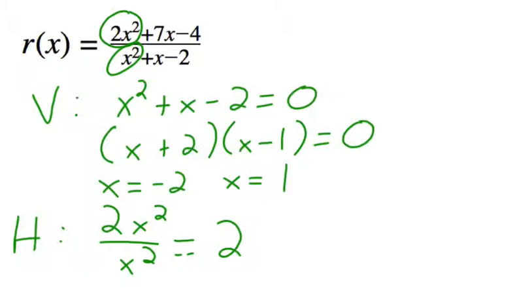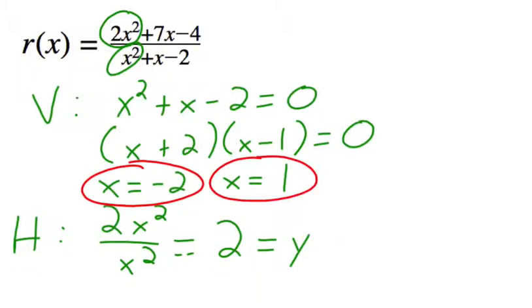Anyway, so we cancel the x squareds there, and what I get is 2. That is the horizontal asymptote. Now, 2 is not an asymptote. We want an equation of a line. Horizontal lines look like that. So this equation has 3 asymptotes, 1 vertical, 2 vertical, and 1 horizontal for a total of 3.